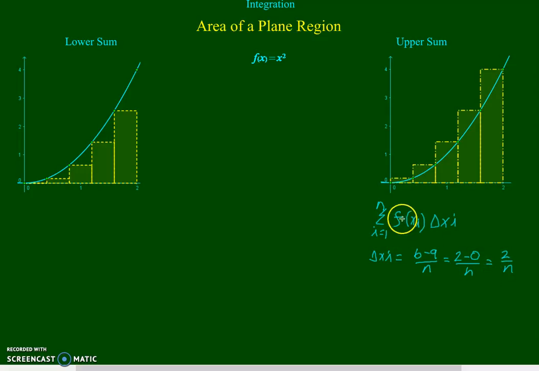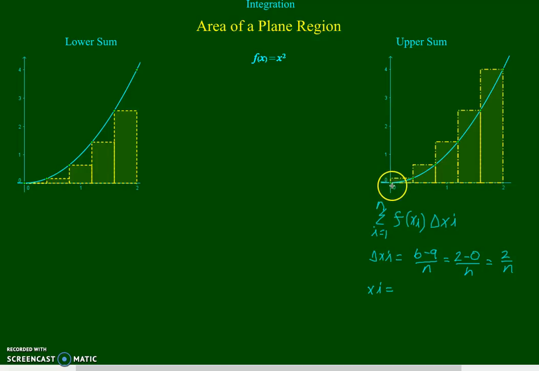Now we have to find the height of each one of our subintervals. Since we're using the right endpoints, the height is going to be the function evaluated at the x-coordinate of that endpoint. This x sub i is going to be our lower limit, because we don't necessarily always have to start at 0.